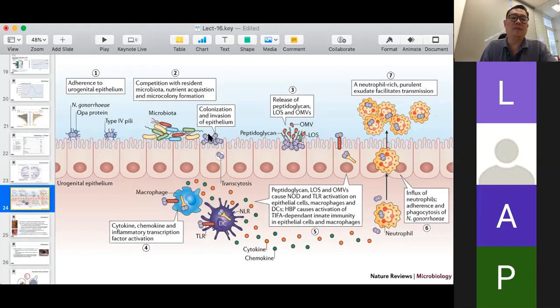Once they colonize over the other flora, they go inside, which is called transcytosis. They let the cells phagocytose them and move past the cells to the lower layer. Neisseria can block macrophages by going inside them, and block dendritic cells and PMNs. They can cause PMN necrosis, and then they go to the target sites.